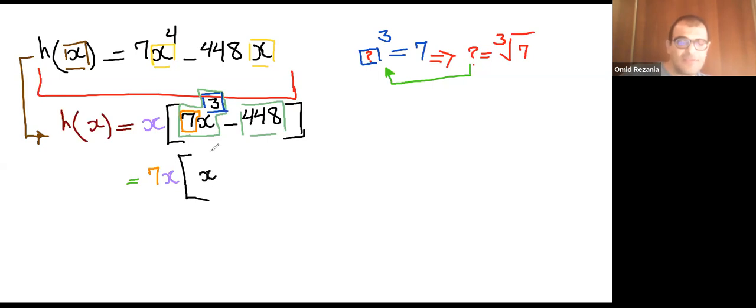I get x to the power 3 because 7x is factored out. But it all depends on whether 448 can be factorized by 7. I mean, if I have 448 divided by 7 with a remainder of 0, then 7 is a factor of 448.